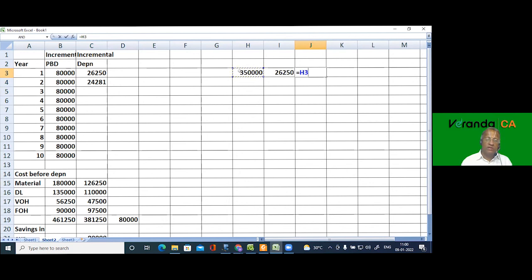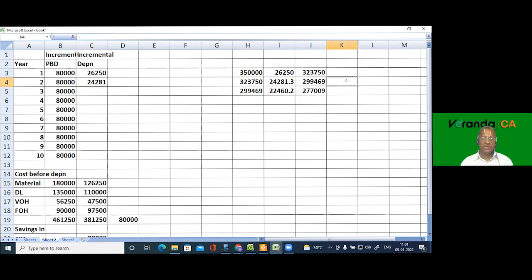WDV is going to be 3,50,000 minus 26,250, and this automatically becomes the base for the next year. On that, the depreciation is 24,281, and this way I will have 2,99,000. So under the WDV method you can easily avoid this work: just take 92.5% of the previous year's depreciation.